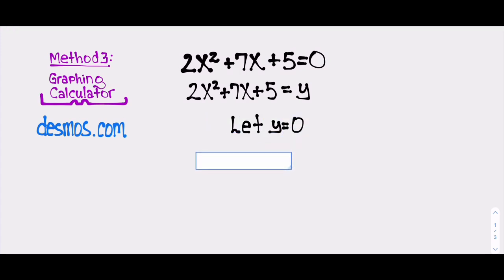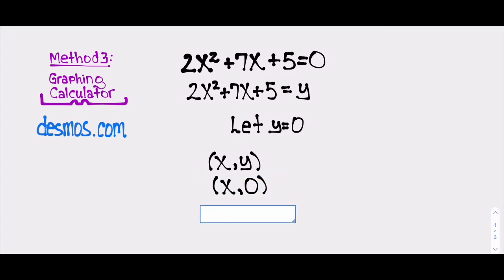To find the answer to this equation, our job is to really find the points on the graph, and all points on the graph are coordinates x, comma, y. So we want to find the points on the graph such that our y values are 0.